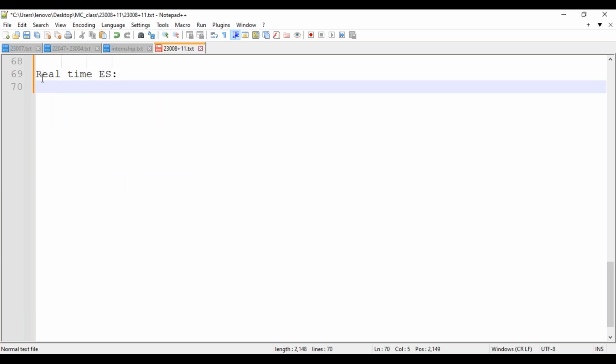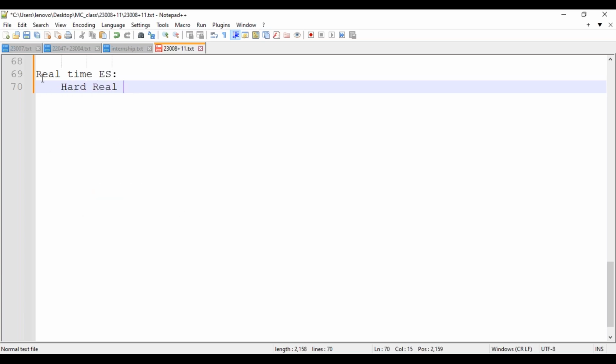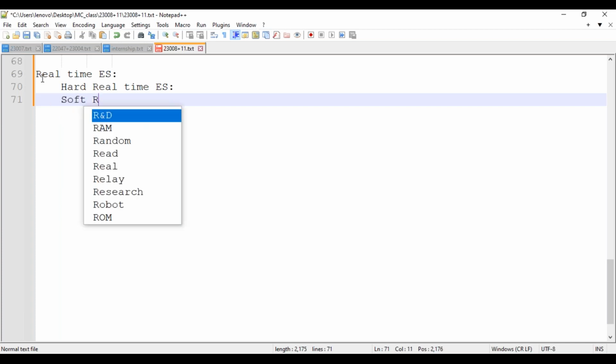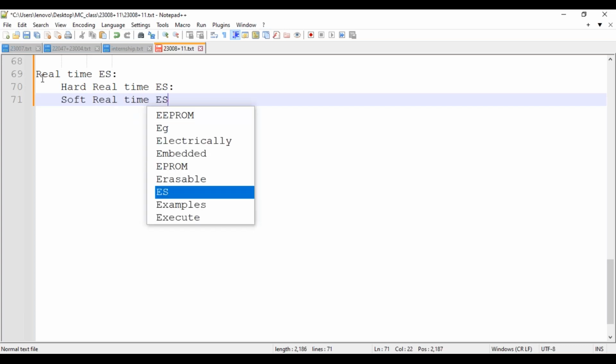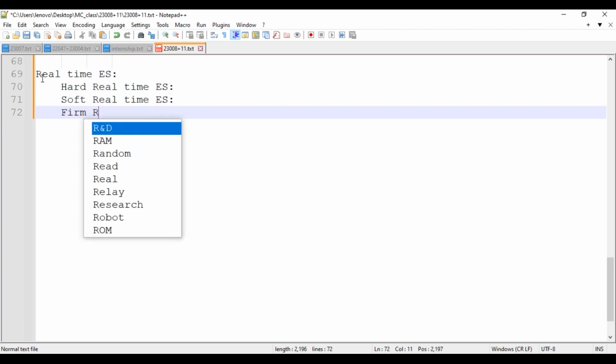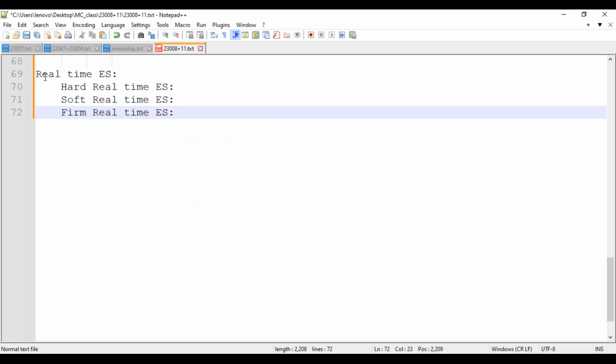We have three different categories: hard real-time embedded system, soft real-time embedded system, and firm real-time embedded system.